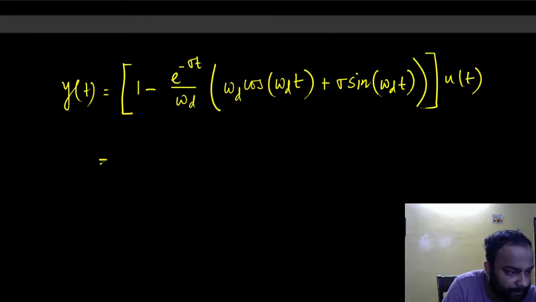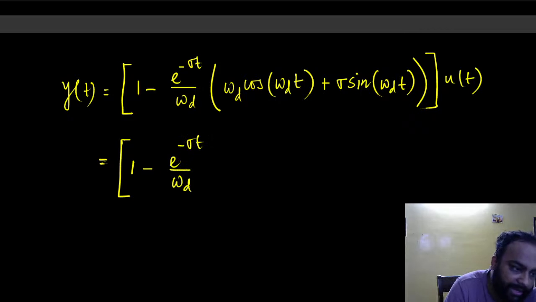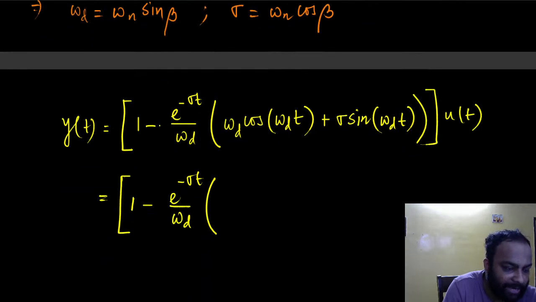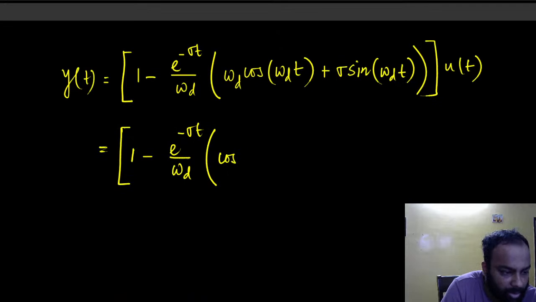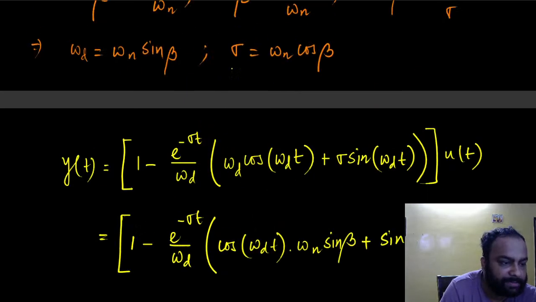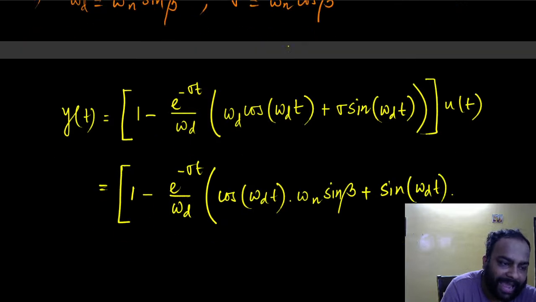So let's write those. I have 1 minus e to the power minus sigma t divided by omega d, and here for omega d, I'm going to write omega n sine beta. So this is going to be cosine omega d t multiplied with omega n sine beta plus sine omega d t multiplied with, in place of sigma, omega n cosine beta.